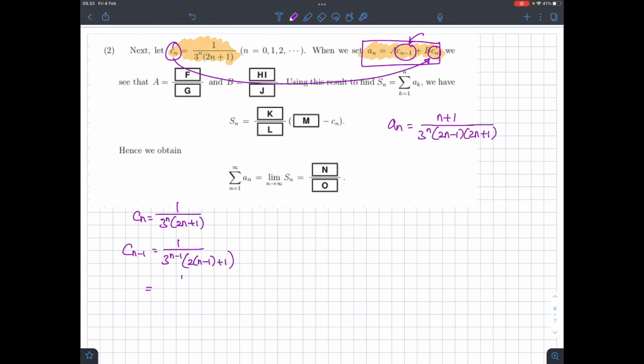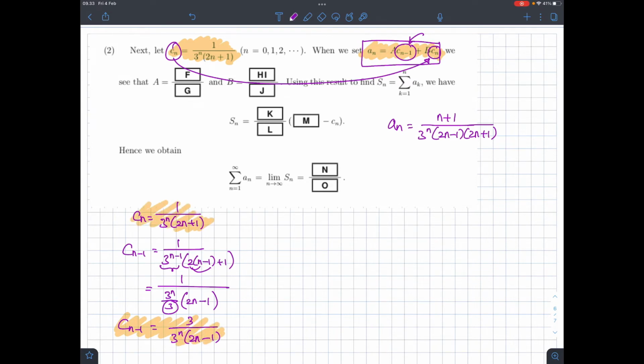Like before, I change it into this, and this is 2n minus 2 plus 1, which becomes 2n minus 1. And one more step, just move this into the numerator here. So this is Cn minus 1 and this is Cn.